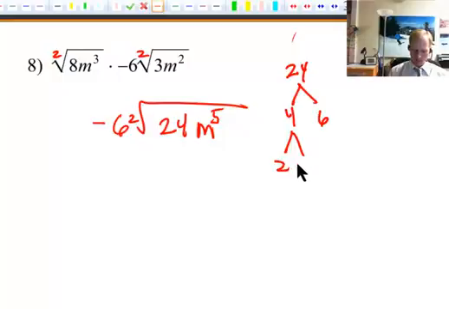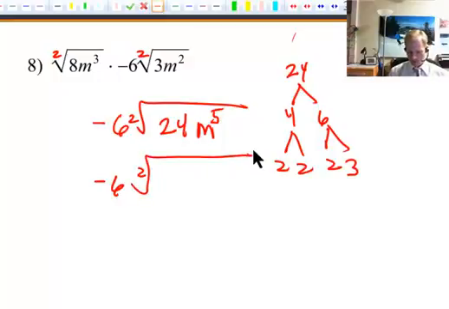Alright, so because I'm talking square root, then I'm going to try to write things in terms of bases to the second power. So since 24 is 2 cubed times 3, I can write that as 2 squared times 2 times 3. And m to the 5th can be written as m squared, m squared, m to the 1st. Now I'm going to go through wherever I see anything with an exponent of 2.